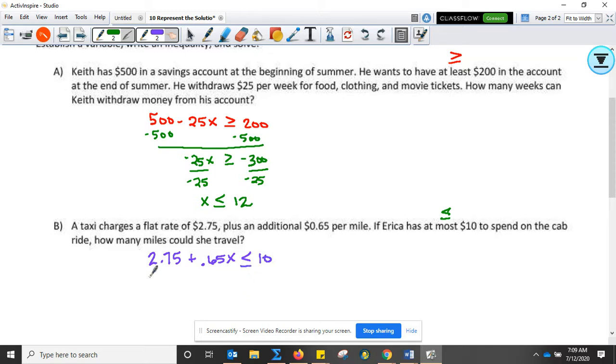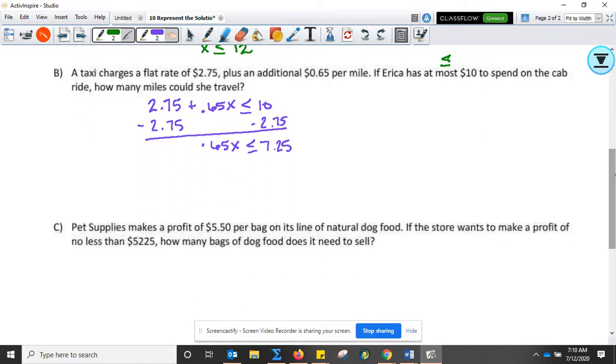Okay, so I'm going to subtract 2.75. And I get 0.65x is less than or equal to 7.25. Okay, let me pull this down some. 7.25. So now we need to divide in order to get my x by itself.